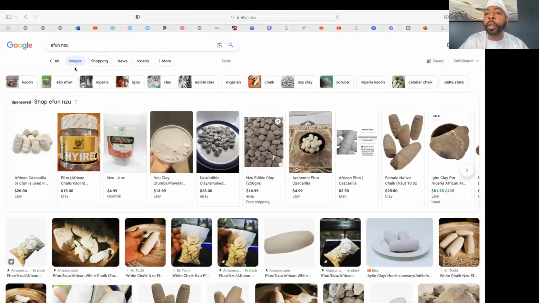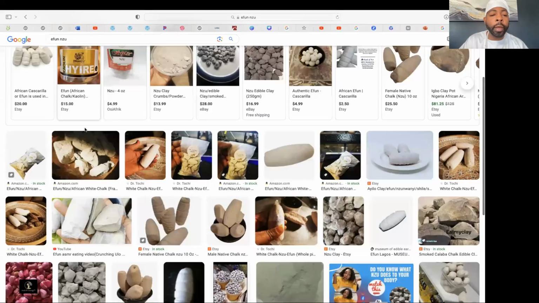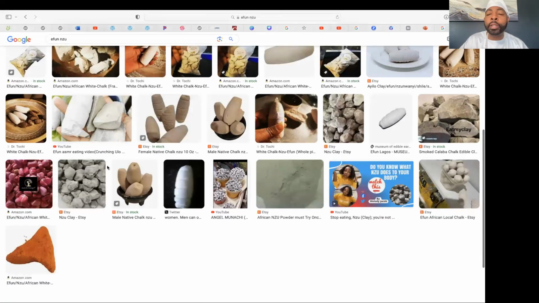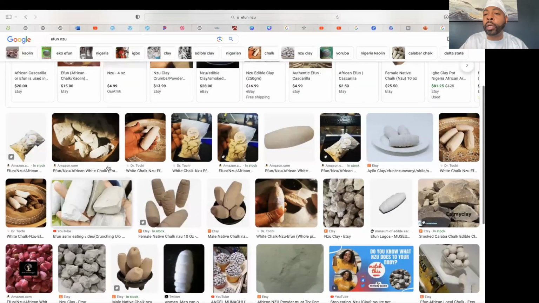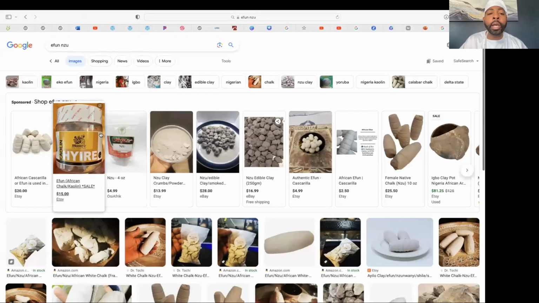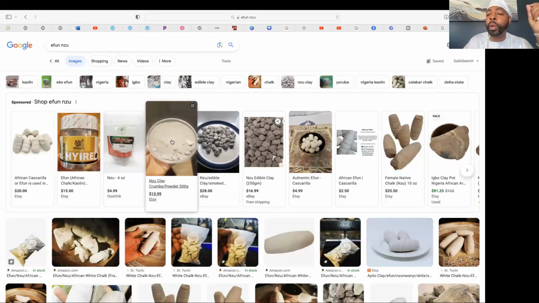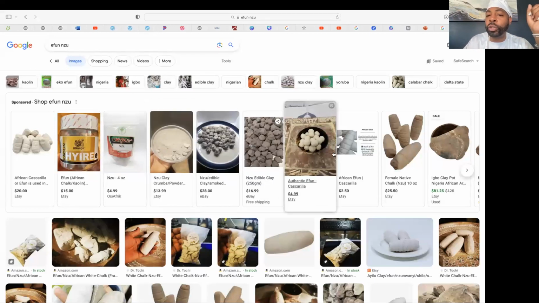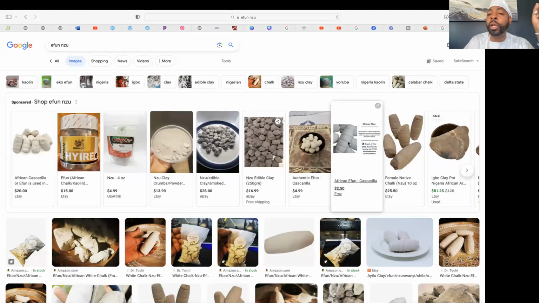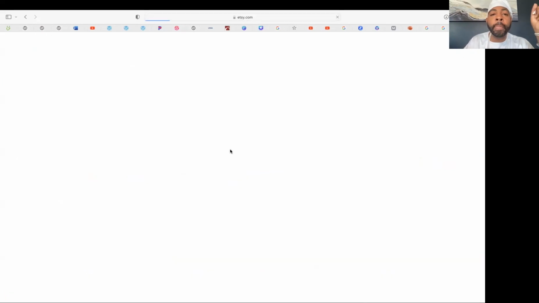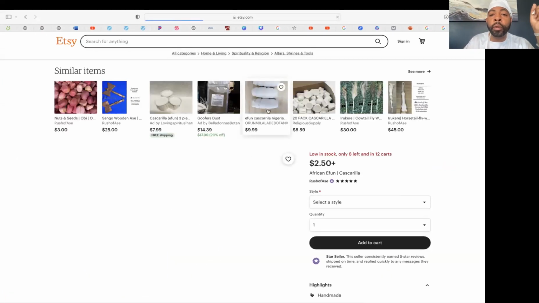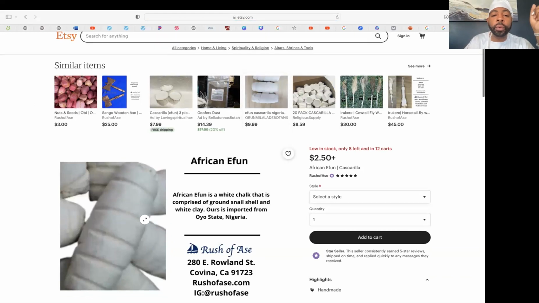I think that's with the folks in Igbo. But we call it Efun. And it's not the same as what's done in South America with the Caracerelia. I think that they just use eggshells, but it's different. So this is the picture of the Efun.